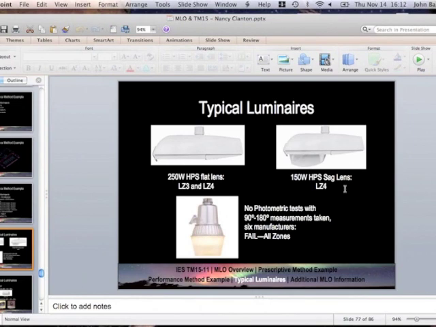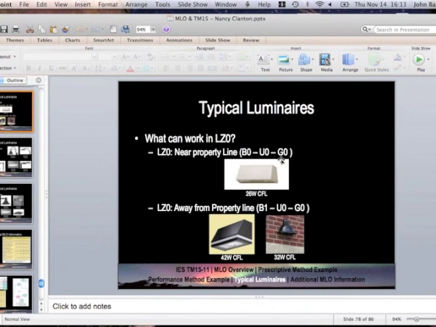This favorite 150 watt SAG lens only applies in LZ4. And the ubiquitous barn light, notice, fails in all zones. What we're hoping is that designers will start going to more fully shielded luminaires and not having luminaires with high glare and a lot of uplight. This is the exciting part of this particular ordinance.